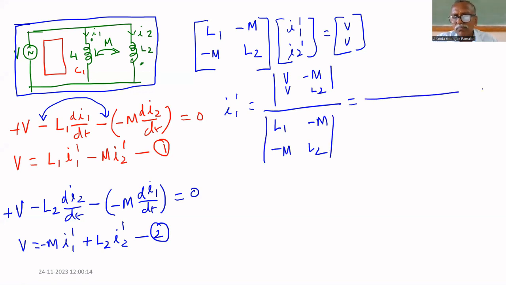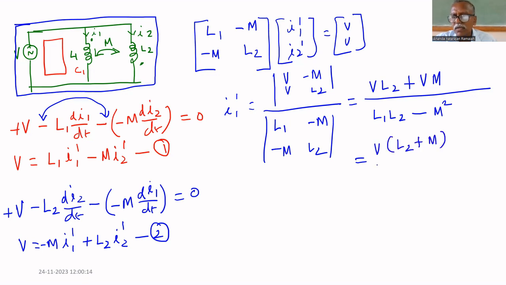That is equal to L1 L2 minus M square in the denominator, but here V times L2 plus V times M, that is V times L2 plus M divided by L1 L2 minus M square. Let it be the third equation.